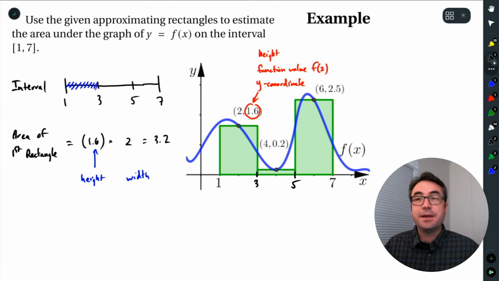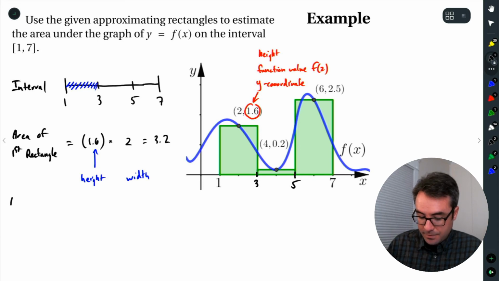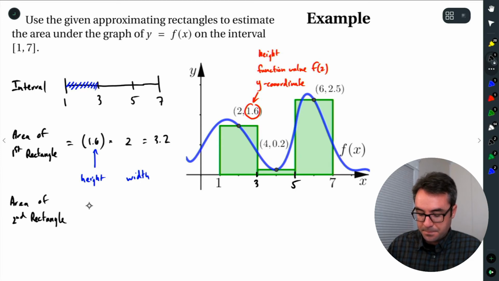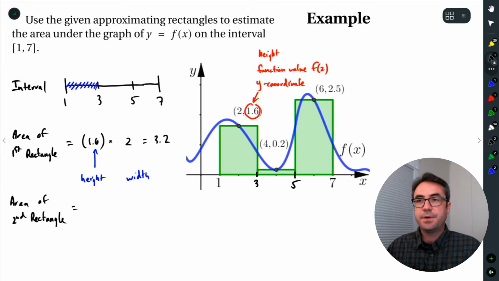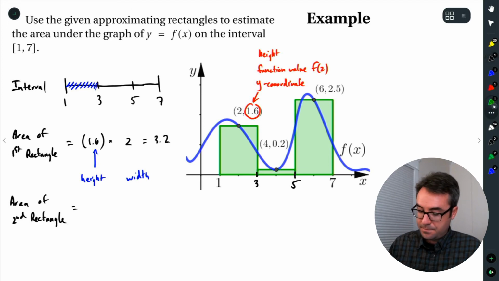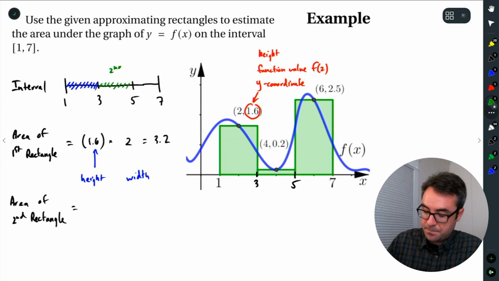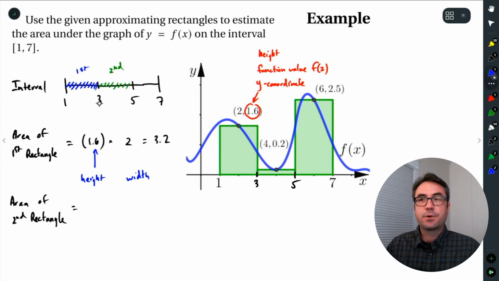And then we just repeat it for the area of our second rectangle, and so on. So for our second rectangle, now we're going from 3 to 5. So the width is still 2.